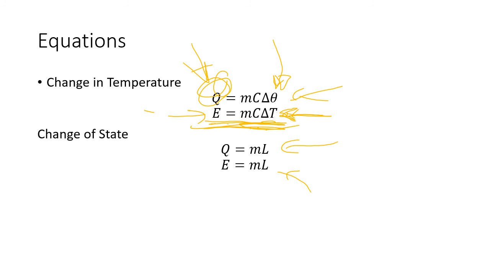It's mc delta T or mc delta theta, where you've watched videos that have done it properly. And then again, Q equals mL, where L is the latent heat. I tend to use E. The specific heat capacities and latent heats are per kilogram, and so your masses must all be in kilograms.